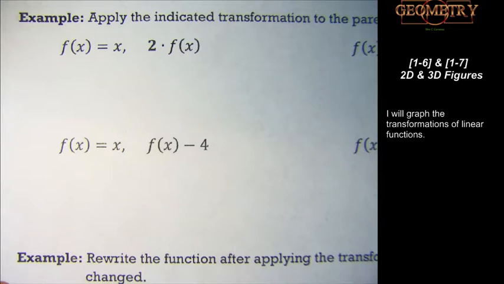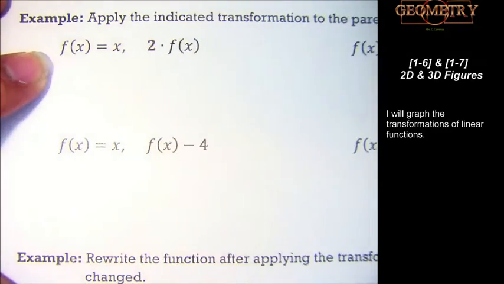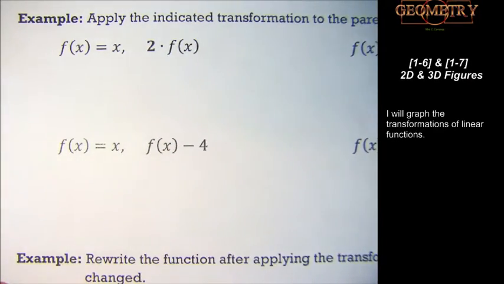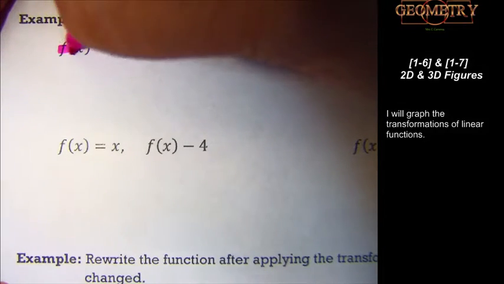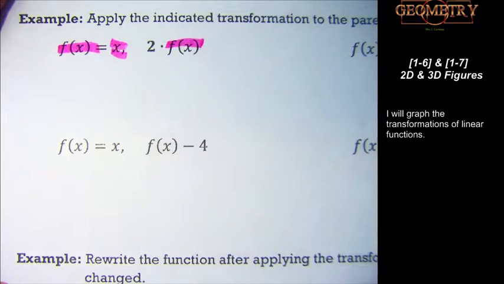So I have some function. This happens to be the parent function, f of x equals x. And the transformation is take 2 and multiply it to the output of the function. Okay, I can do that. Now this says f of x equals x. That means that everywhere I see an f of x, I can replace it with an x.